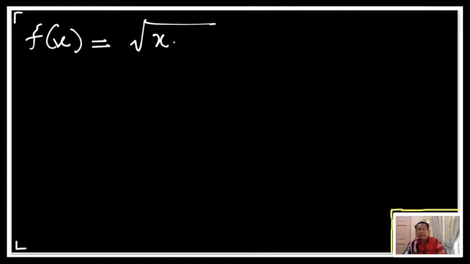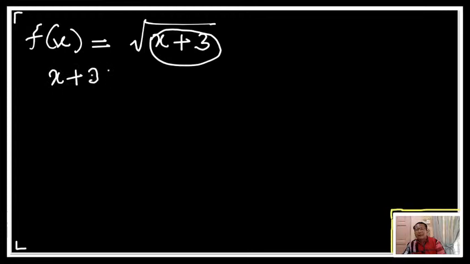Let's look at an example. For example, you have f(x) equal to the square root of x + 3. Everything inside here, the radicand, should be greater than or equal to 0. So, x + 3 greater than or equal to 0, and it can accept 0.